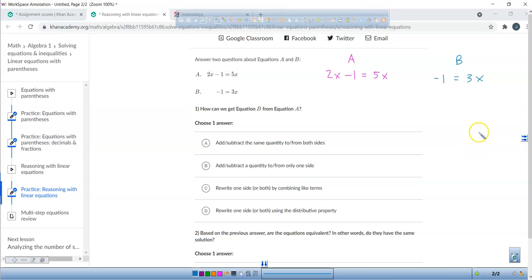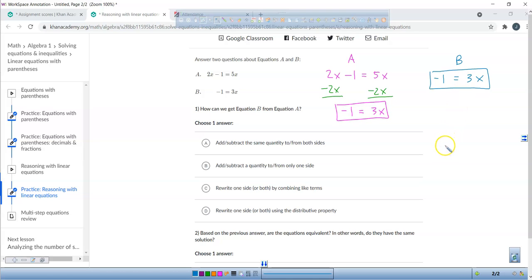If I took away 2x from this side and I took away 2x from this side, what would we get? Looks like we would get negative 1 equals 3x. So this is equal to this. If these equations are equal, that means they're going to end up having the same solution.